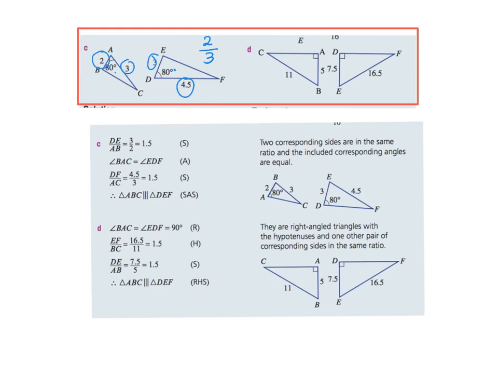If I do the other side, 4.5 divided by 3, what do you get? Or sorry, I should say the other way around, 3 divided by 4.5.